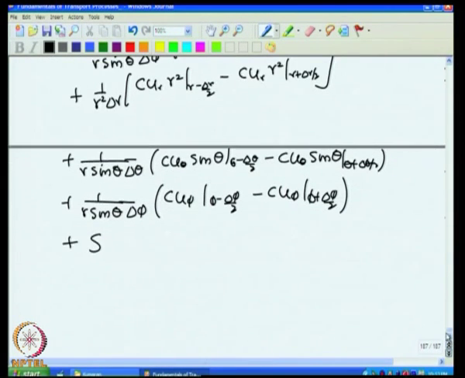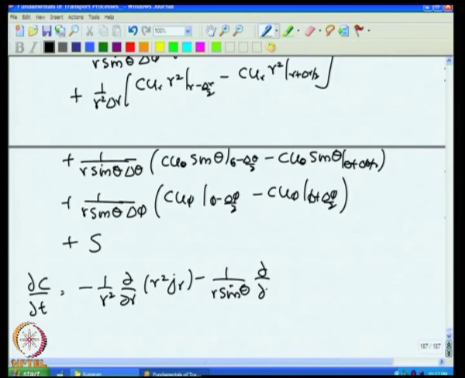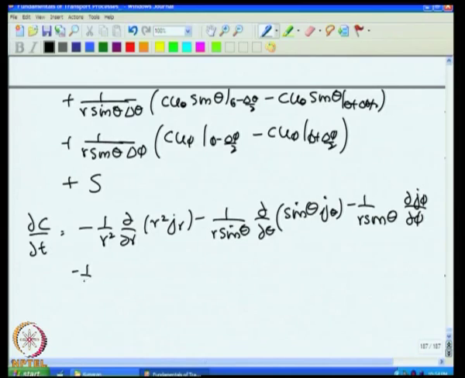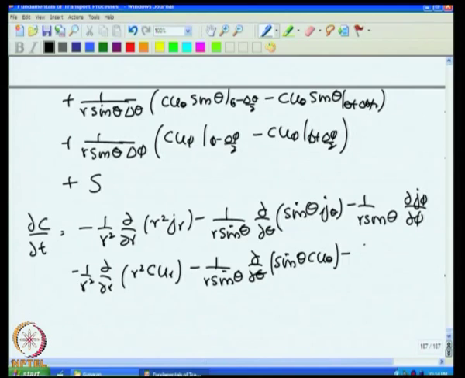And if I take that limit, it is easy to see that the form of the differential equation that I get is dc by dt is equal to minus 1 by r square d by dr of r square jr minus 1 by r sin theta d by d theta of sin theta j theta minus 1 over r sin theta partial j phi by partial phi minus 1 by r square d by dr of r square c u r minus 1 by r sin theta d by d theta of sin theta c u theta minus 1 by r sin theta partial of c u phi by partial phi plus any sources or sinks that are there.